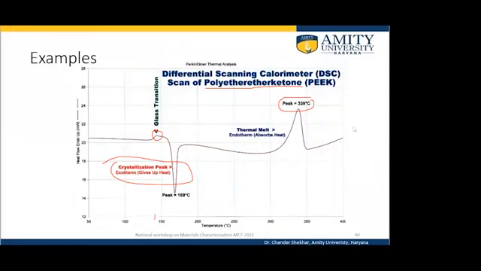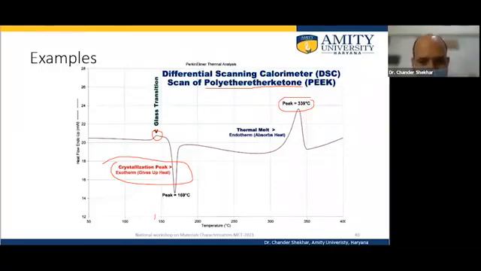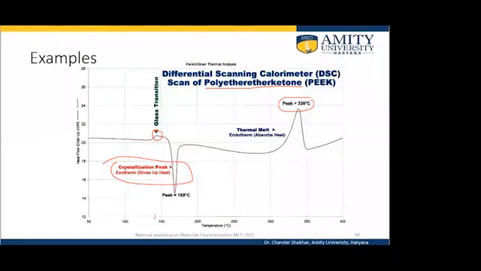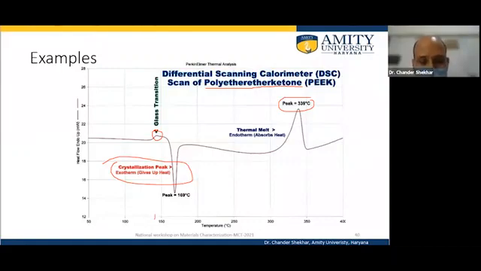So any more queries? You can type in the chat box. Manoj Kumar asks, what is the range for polymers? I think he's talking about the temperature range suitable for polymers.